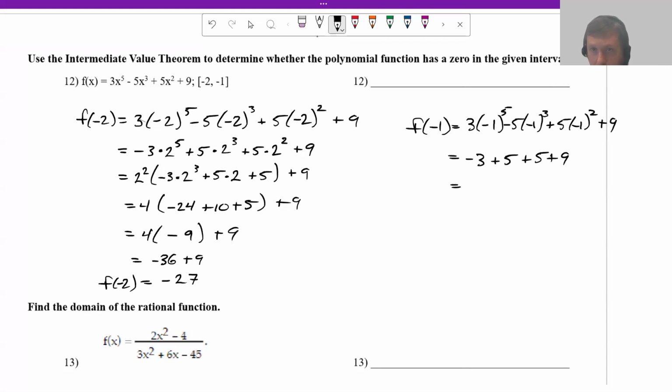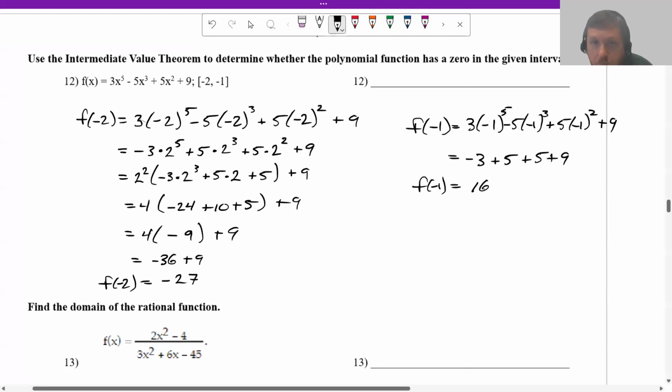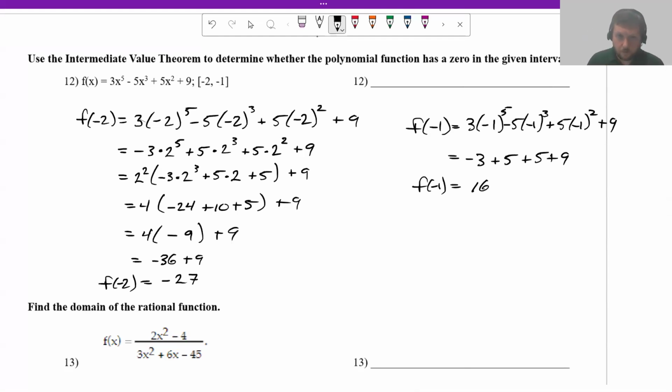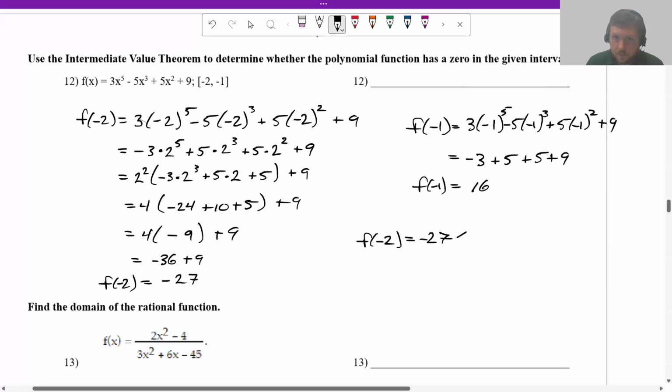So I have 16. Okay, so we have f of -2 equals -27. So that's negative. And f of -1 equals 16, which is positive. Have opposite signs.